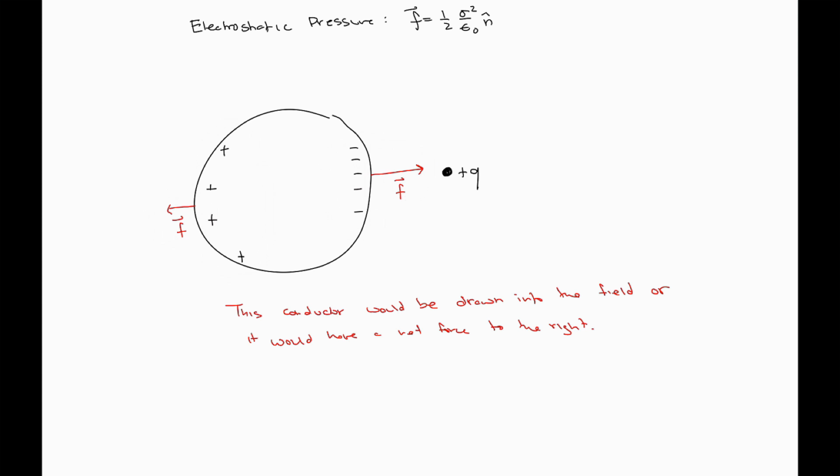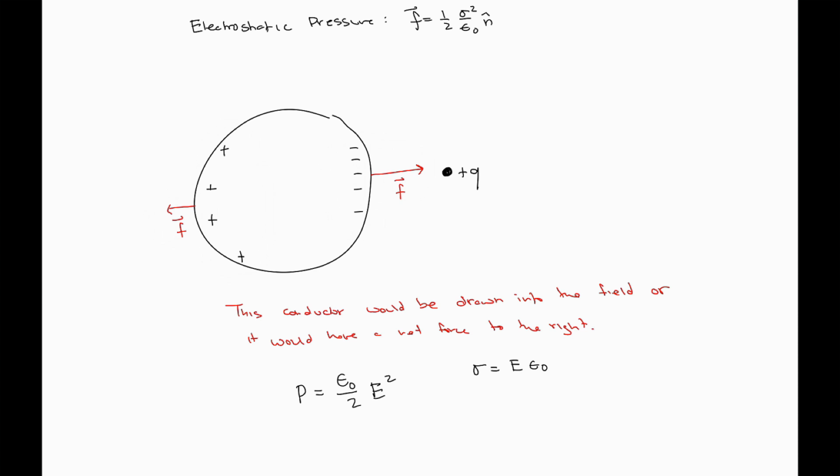If I wanted to rewrite this pressure in terms of the electric field instead of in terms of the charge density, I would write it as the pressure is equal to epsilon naught over 2 E squared. And that, by the way, just comes from the fact that sigma is equal to E times epsilon naught.